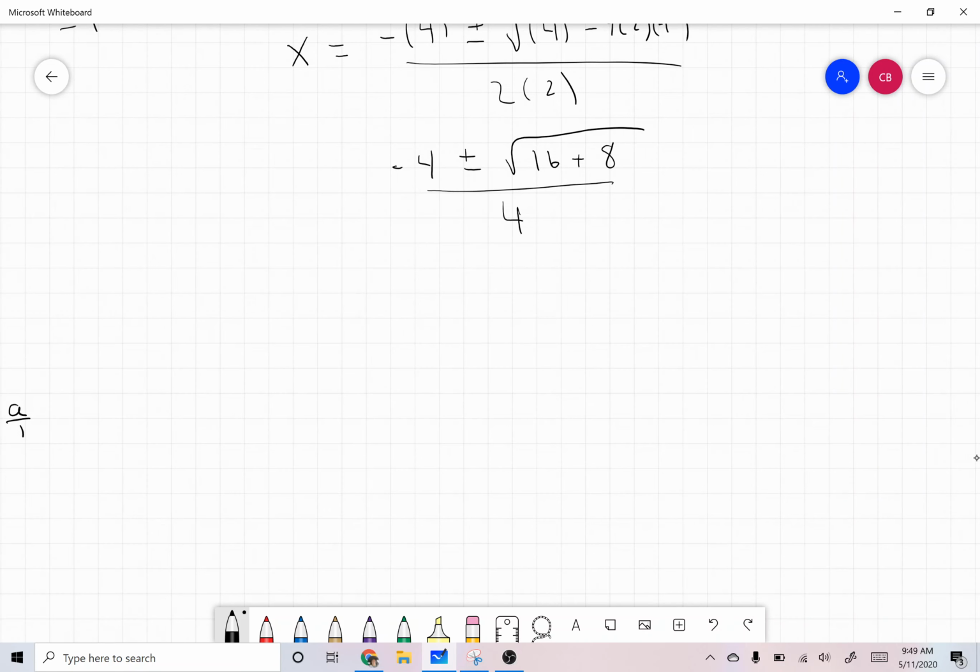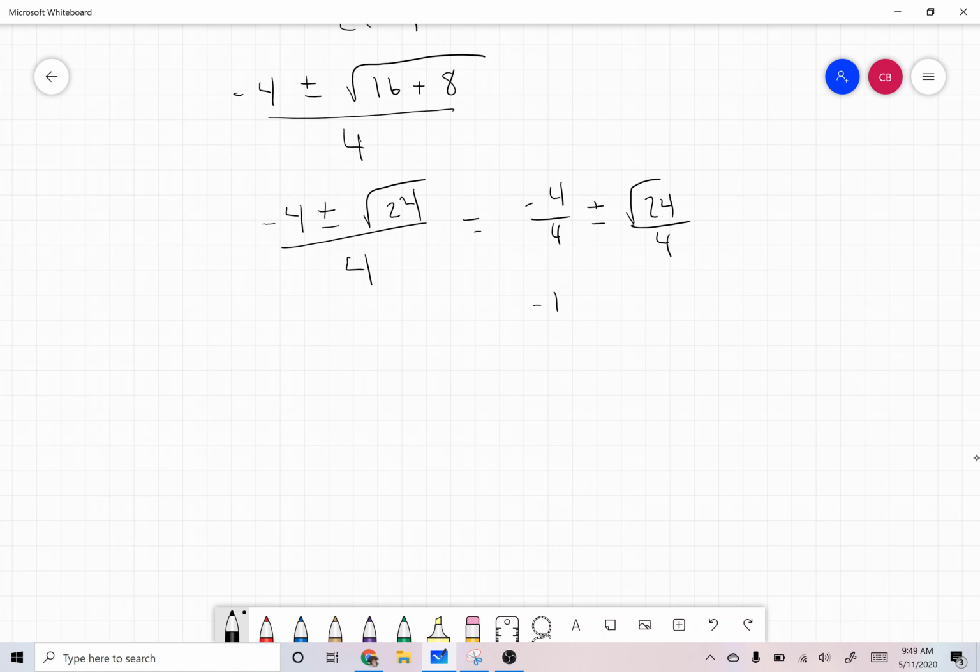Okay, so then this is going to be negative 4 plus or minus the square root of 24 over 4, which is negative 4 over 4 plus or minus the square root of 24 over 4. I believe this is negative 1 plus or minus, 24 is 6 times 4, which is 2 times 2, and 6 is 2 times 3, so this is 2 square root 6 over 4, which is negative 1 plus or minus 1/2, so square root of 6 over 2.